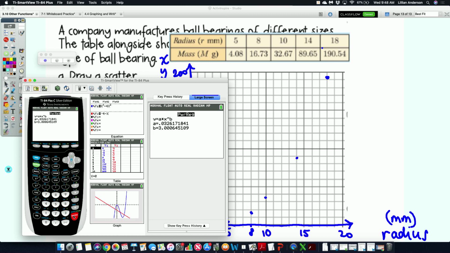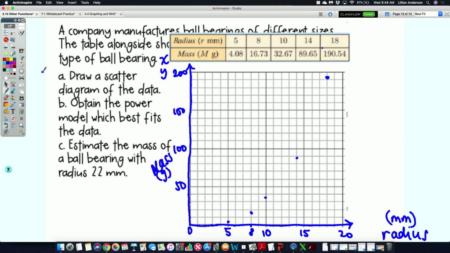So now we have our power equation. It's showing us exactly how we should write it: y equals a times x to the power of b. That's what we write. And here are your values for a and b, of course rounding to 3 significant figures. So our power function, going back here, is going to be y equals, what was the value of a? 261.